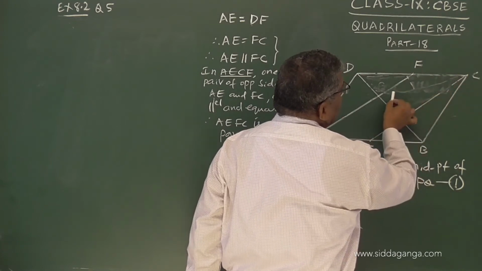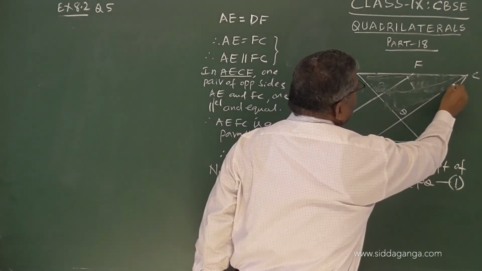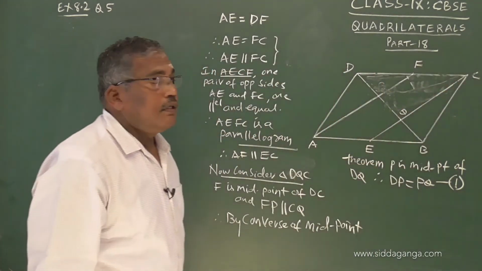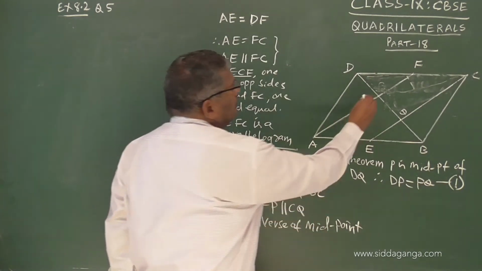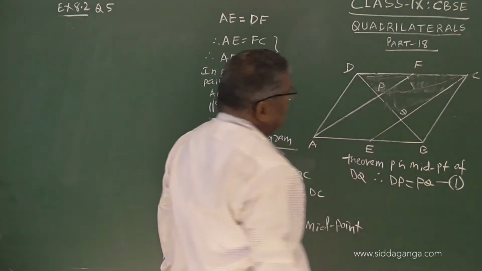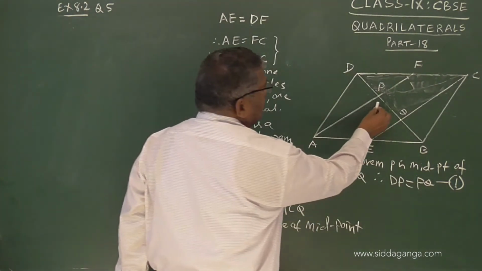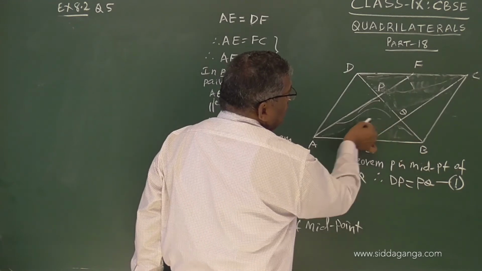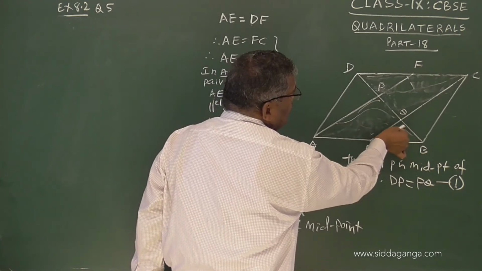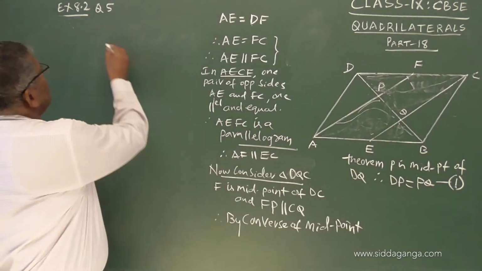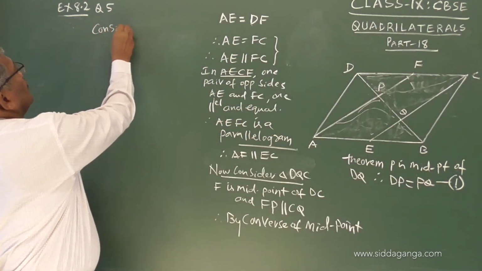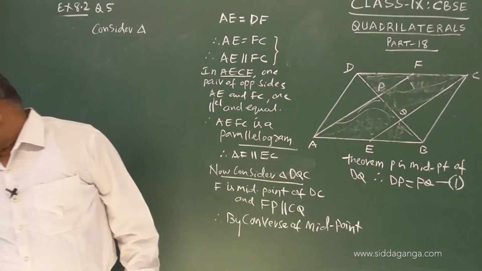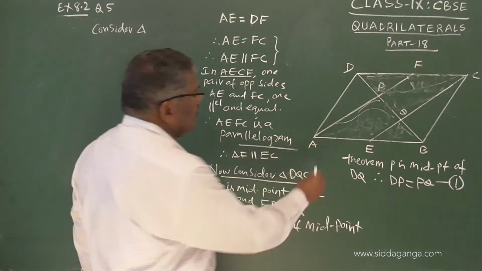You remember this one, DQC. Now let us take, this is P. Now let us take this triangle here, that is, consider triangle APB.